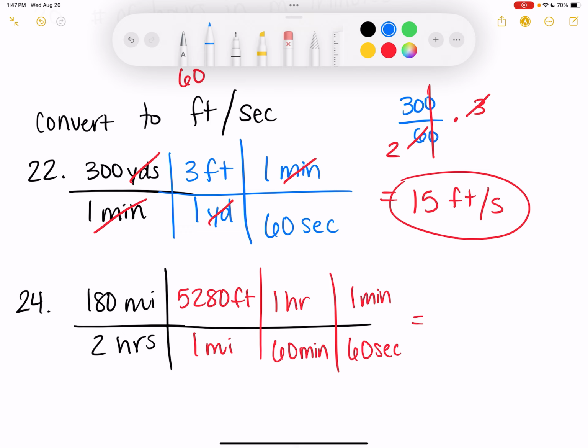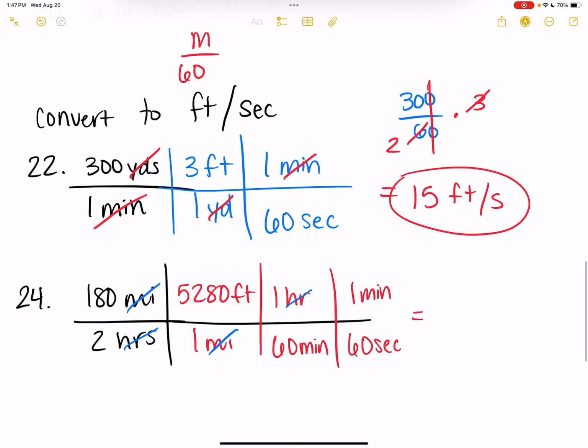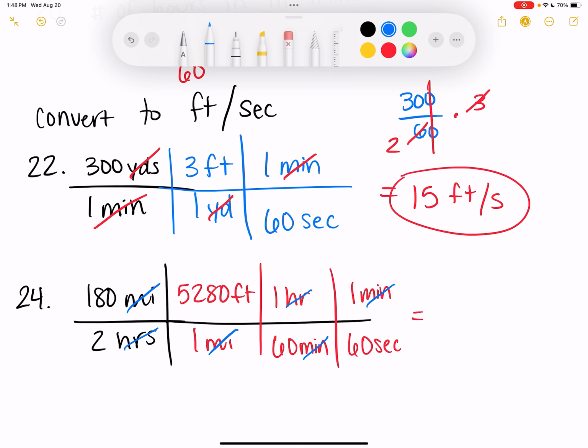All right, so checking my units, miles are going to cancel, so I'll be left with feet. And then hours cancel, minutes cancel, and I'm left with seconds, so I'll end up with feet per second.